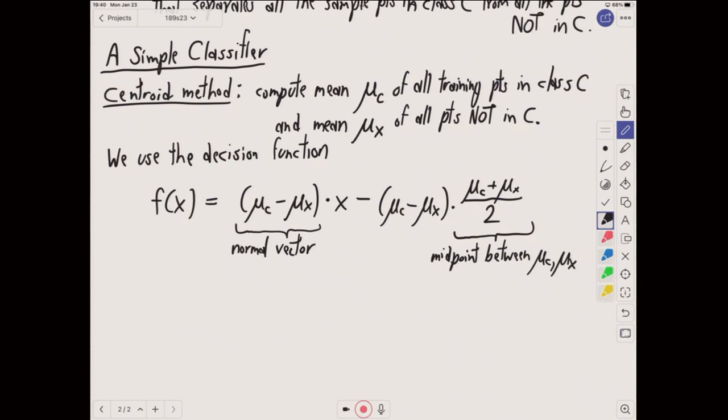That is what forces the hyperplane to pass through that midpoint. And so that's it. That's our decision function. And when you do this, the decision boundary will be the hyperplane that bisects the line segment connecting mu C to mu X.